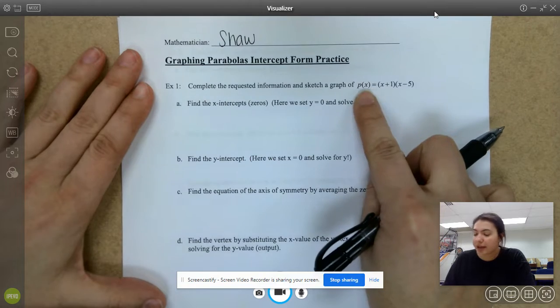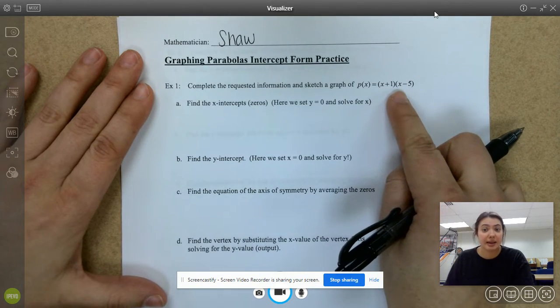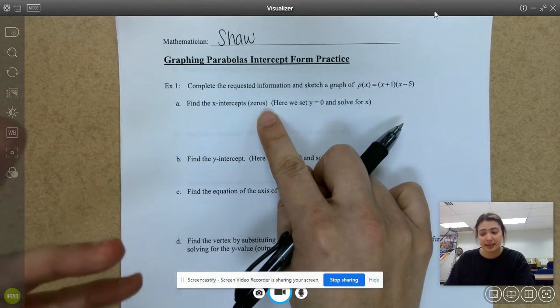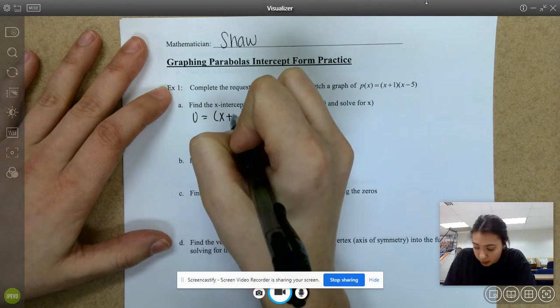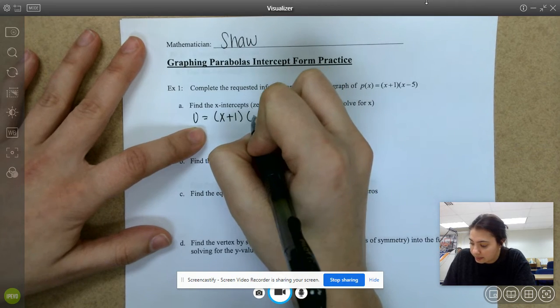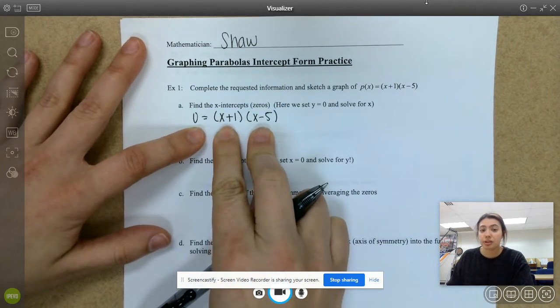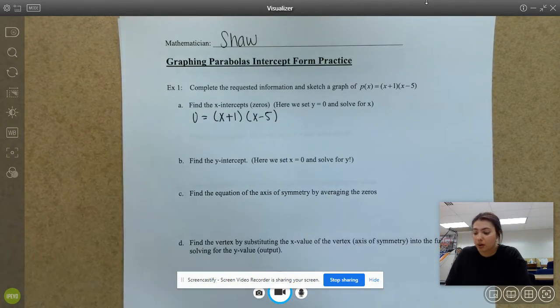First off, if we have the function p of x equal to x plus 1 times the quantity x minus 5, to find the x-intercepts we set this function equal to 0 and solve for x. If 0 is equal to x plus 1 times x minus 5, then each of these individual factors could be 0, since they multiply to give 0.